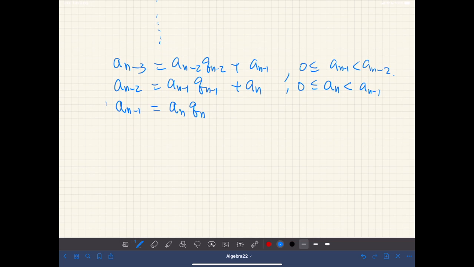In conclusion, this An will be the greatest common divisor of A and B. But we'll explain how that is the case.